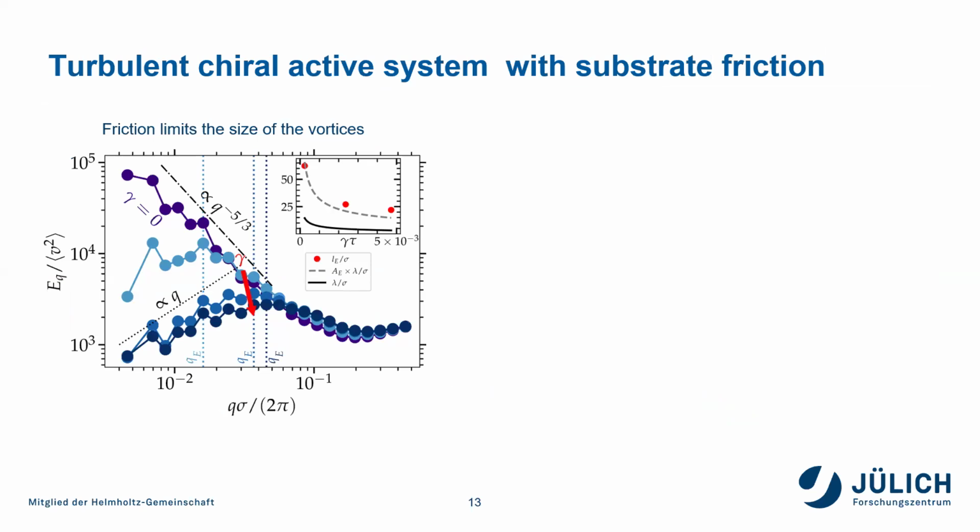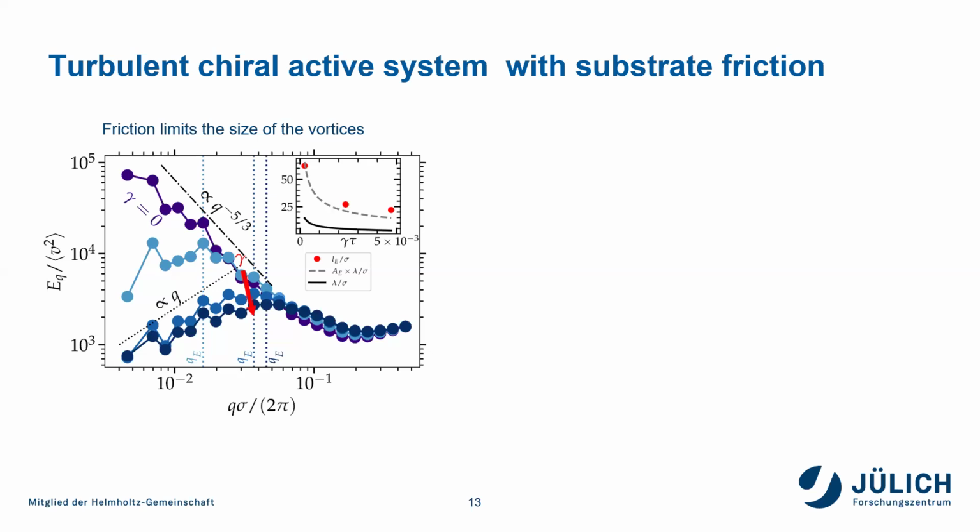We do, again, the energy spectra without friction. And when you put friction, you start to see a cutoff of the energy spectra, and this defines a typical length. So for this typical length, what we have done is to put the virtual particles to have different friction, and we measure a length that is related with the friction.